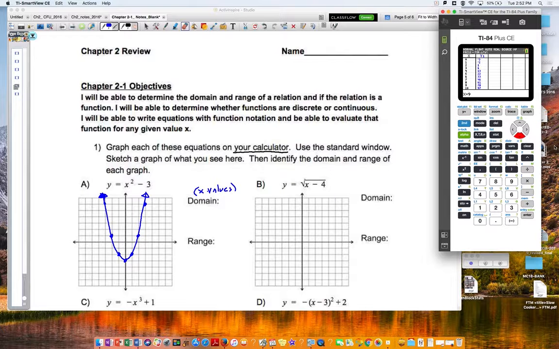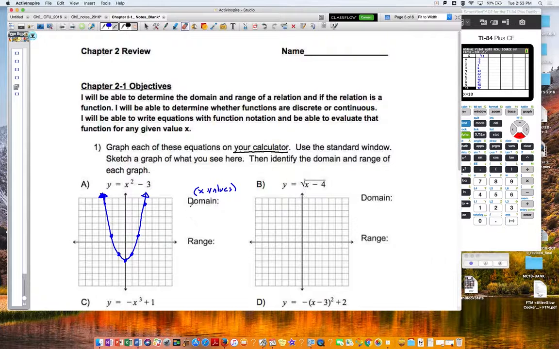I don't get any errors in this y1 column. So my domain can be any real number. How do we write that? Remember, we always use parentheses for infinity because infinity goes on forever. So we say negative infinity to positive infinity. x can be any negative number or any positive number.